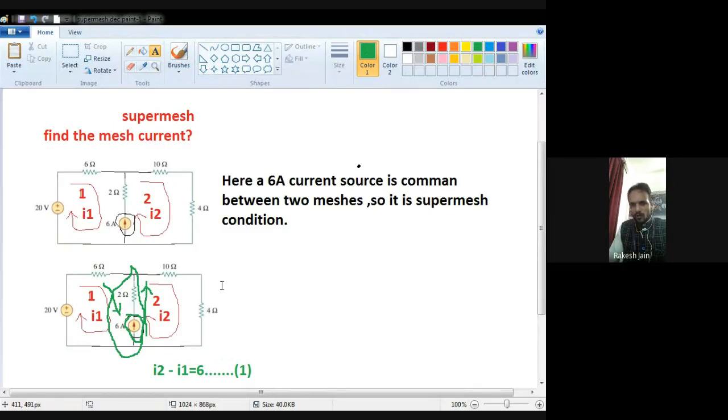In step one you mention that I1 comes from top to bottom in this branch and I2 comes from bottom to top in this branch, which makes it common, which makes it a super mesh. So both directions are opposite. Now what is the direction of the given current source, the current source which makes it a super mesh?